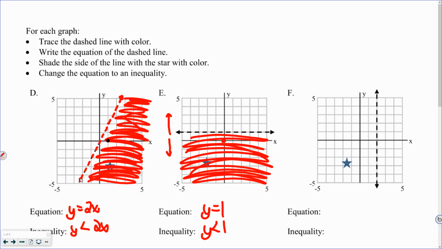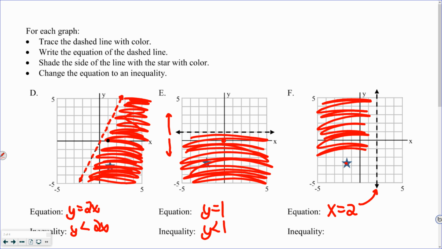Now over here, a vertical line at 2. So x equals 2. Okay, that's the equation of the line. However, if we're going to write it as an inequality, and again, the point's on this side, that means we're shading over here. Well, when the line goes this way, all the x values get smaller.